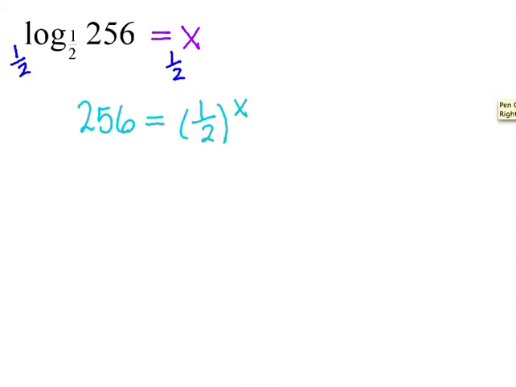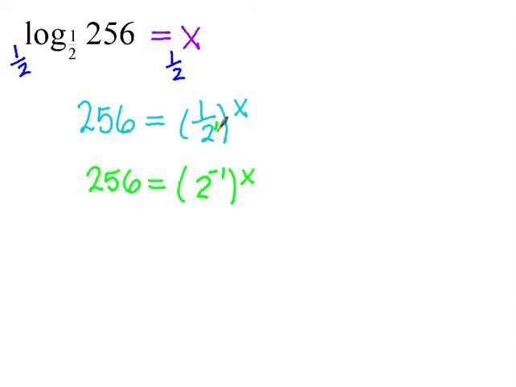Now I got those stinking fractions in there. Ideas? How else could I write 1/2 so it's not a fraction? Two to the negative 1. Okay, for those of you wondering, remember this is 1/2 to the first.